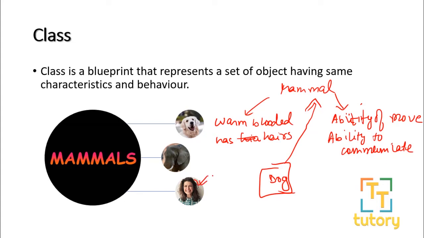Similarly, humans are also warm-blooded and they have hairs and they can also move and communicate. So we can say that humans also belong to the class mammal. So a mammal class is a blueprint for a set of objects like dogs and humans which share the characteristics and behavior of the mammal class.